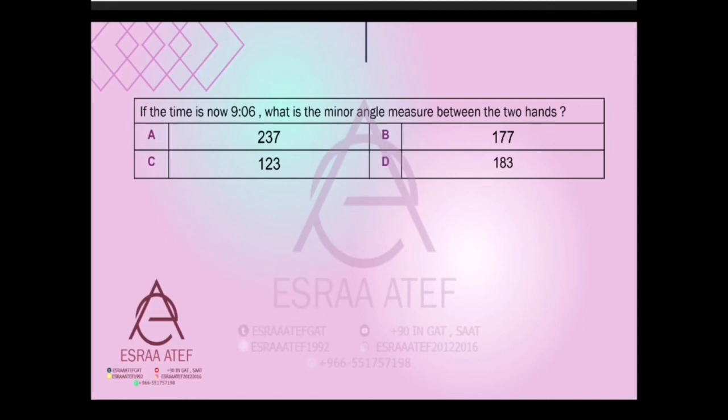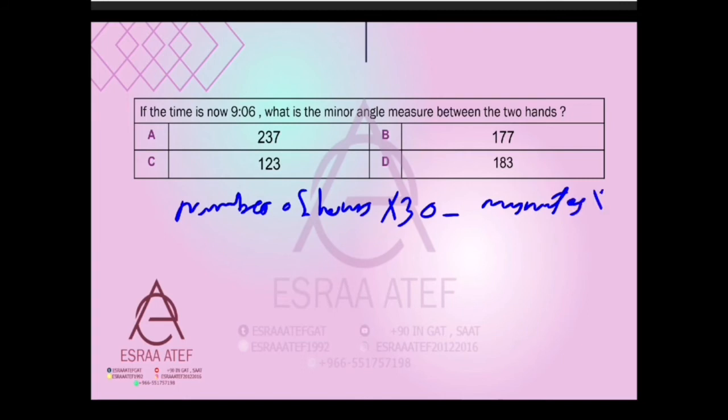Here, if the time is now 9 and 6, what's the minor angle measure between the two hands? Okay, the rule of the angle is the number of hours times 30 minus the number of minutes times 11 over 2, by which we will get the angle.